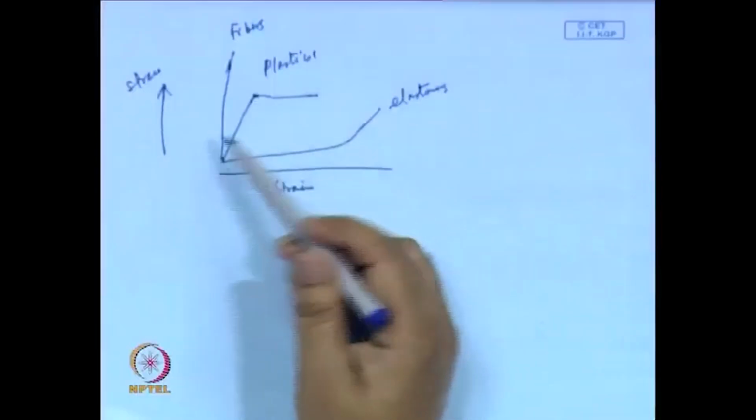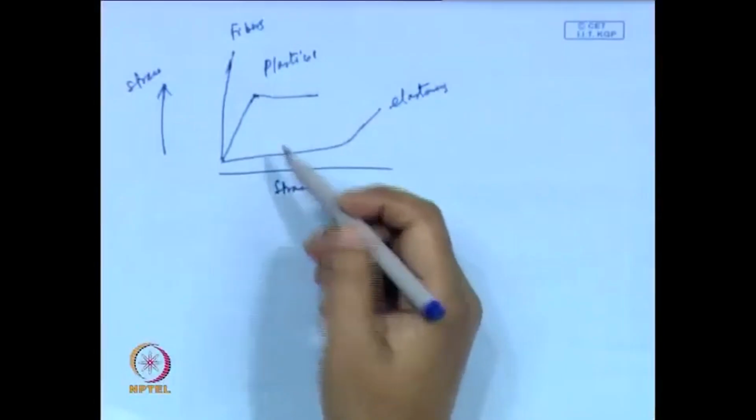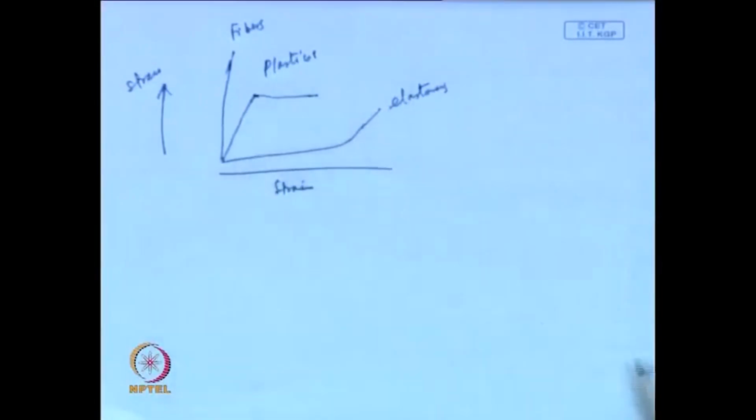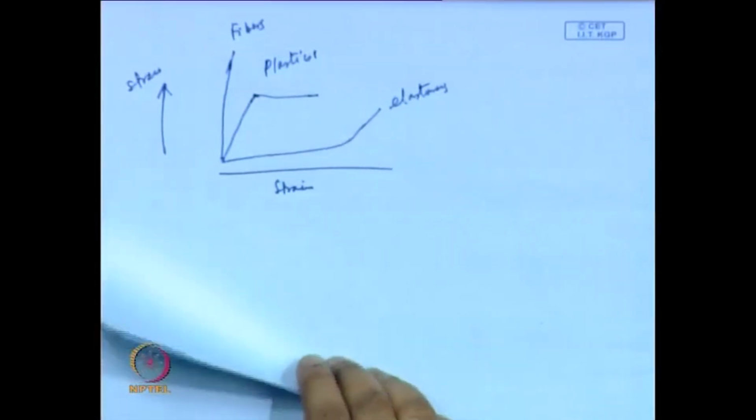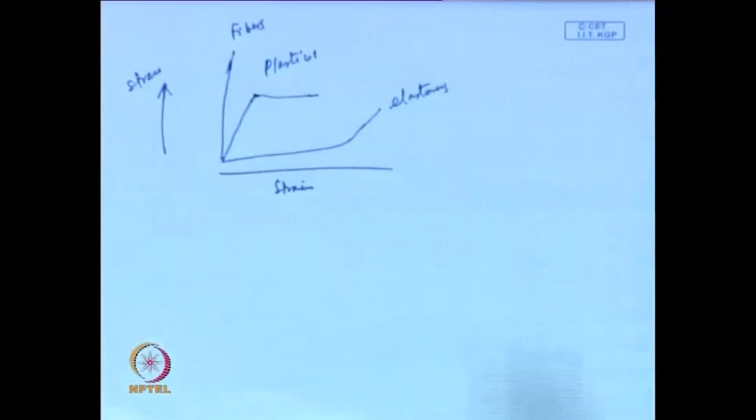So, that is an example of plastics which gives this type of stress strain curve. We will talk about this more when we come back to the mechanical properties of the polymers.